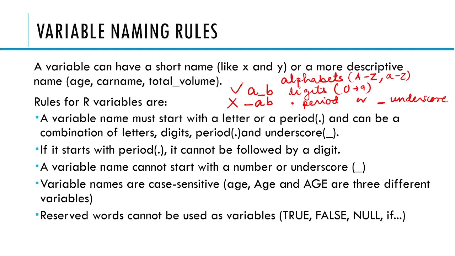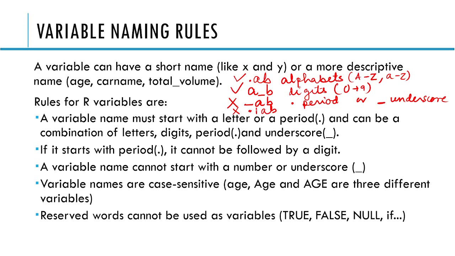Why? Because a variable name must start with a letter or a period. That means at the starting point, it should contain an alphabet, a letter, or a period. So if I write dot AB, then it is also right. If I write dot then 1 AB, then it is wrong, because after the period, you must have a letter.